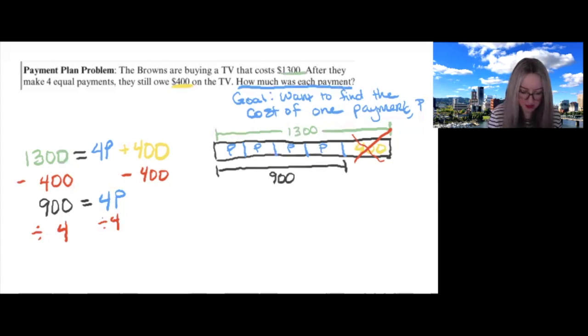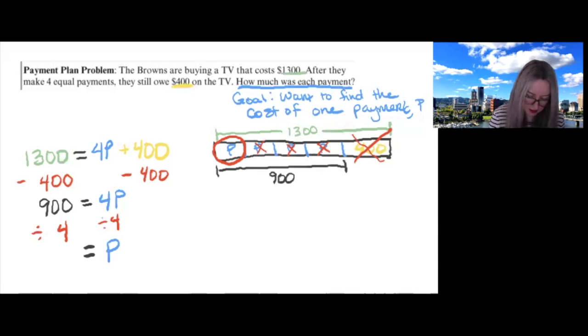And then if you want to show divide by 4 on your strip diagram, you could do something like this, like we're just taking one of these 4 equal groups, and that is equal to whatever 900 divided by 4 is.